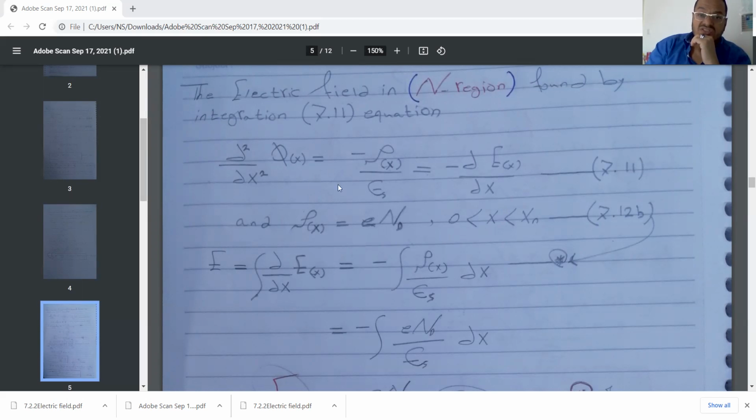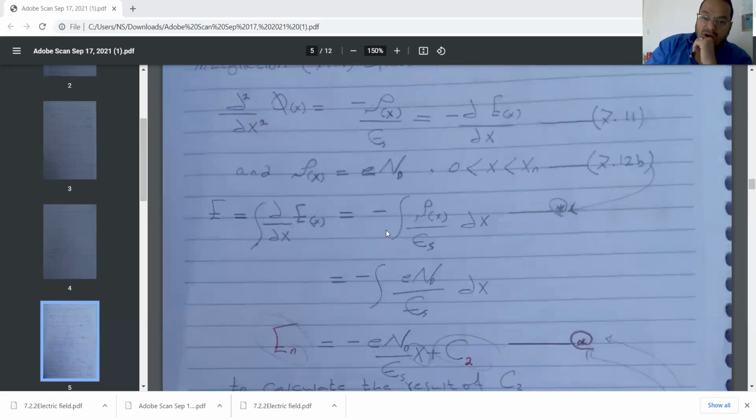We put this result in and integrate, so the electric field equals minus the integral of the volume charge divided by the permittivity dx.